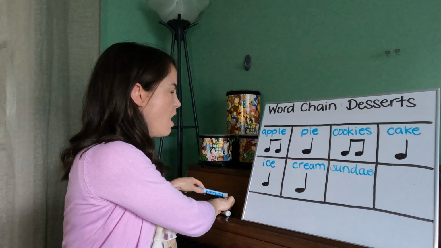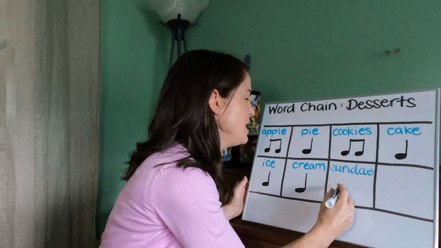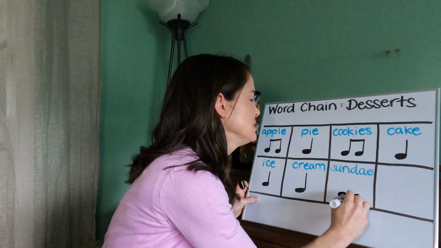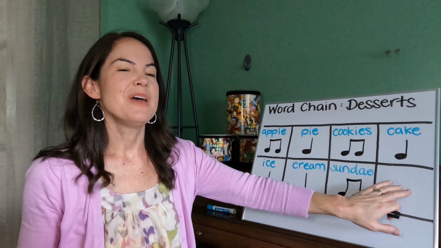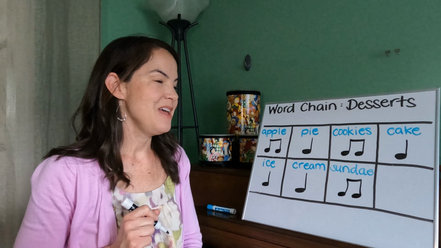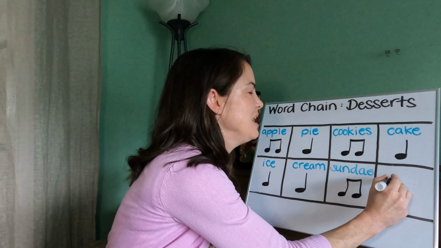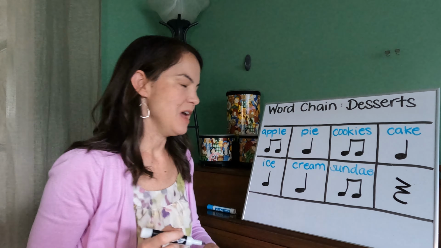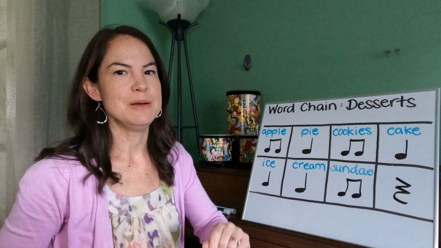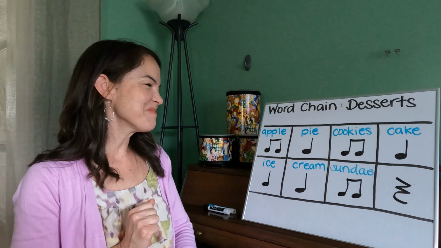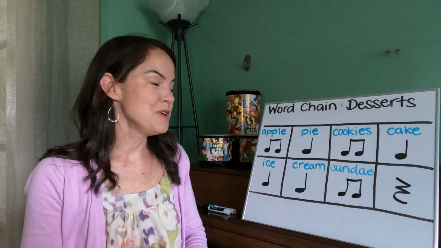I'm going to draw my paired eighth notes here, Sunday. But that leaves me with a blank box there at the end. So I'm going to instead replace it with a quarter rest. Just looks like a little squiggle line or a lightning bolt with a hook on the end. Okay, so I have changed the rhythm now.